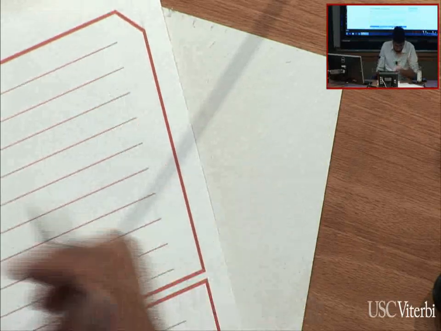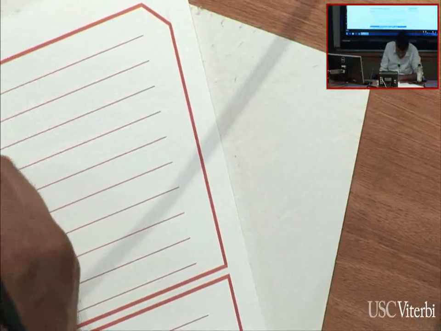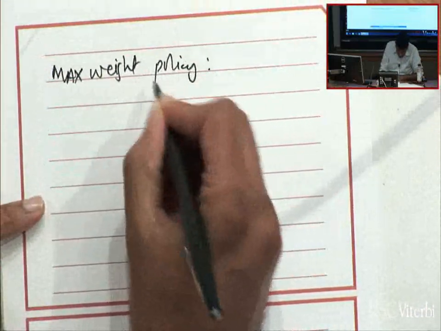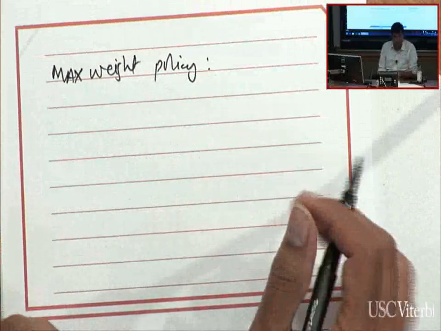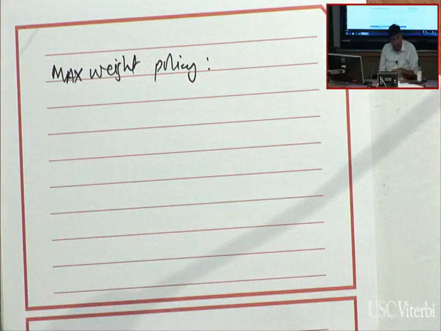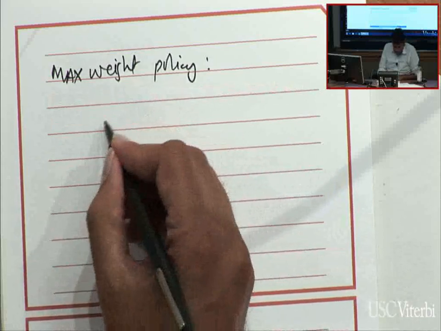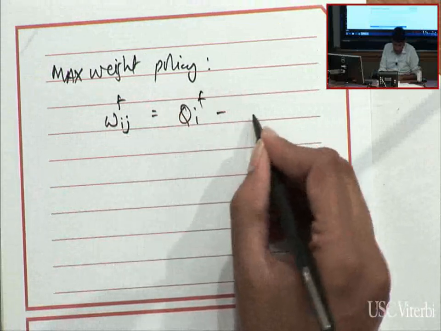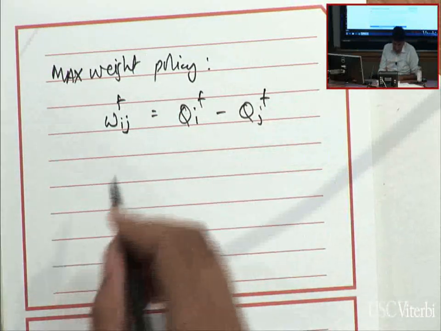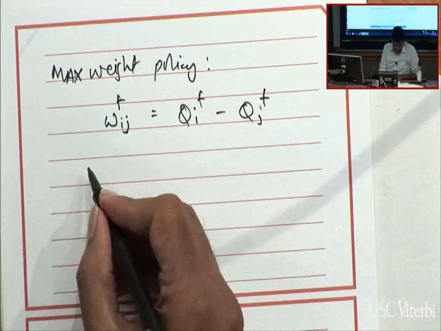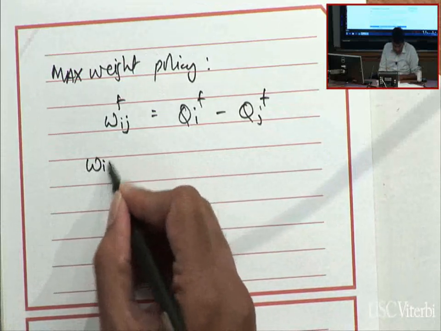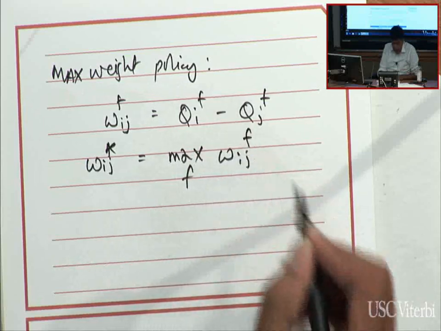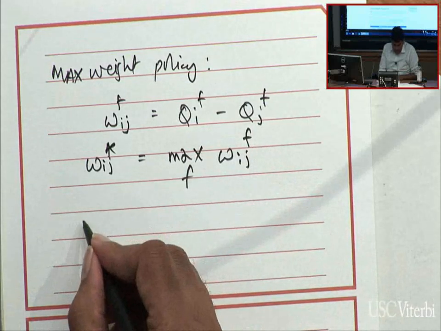So here's the max weight algorithm itself. Oh, our time is up, so maybe I'll have to wait, but I'll give a quick intuition. So the idea is for every link and every flow, we look at this quantity, Wij star, which is the max over flows of Wij_f.